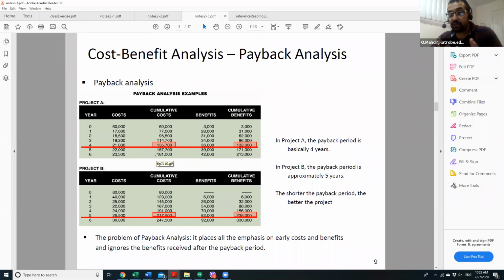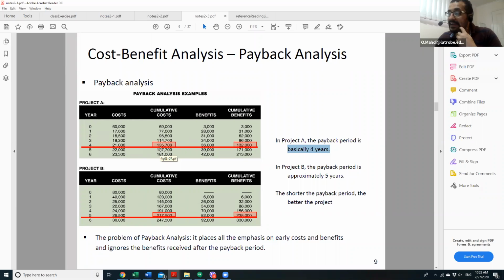They are not exactly equal, but they are relatively close. So for project A, the payback period is basically 4 years. After 4 years, I will start getting benefits from my project A.